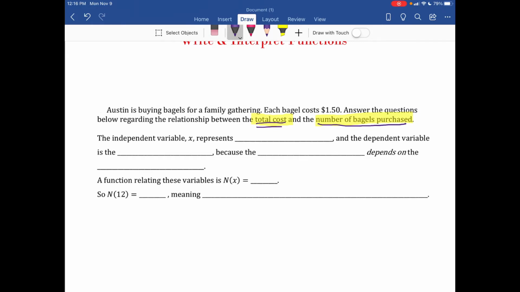So we would say in this case that x represents the number of bagels, and our dependent is the total cost, because we would phrase this as the total cost depends on the number of bagels purchased. The next part of this question asks us to come up with a function that represents the relationship between these two things.